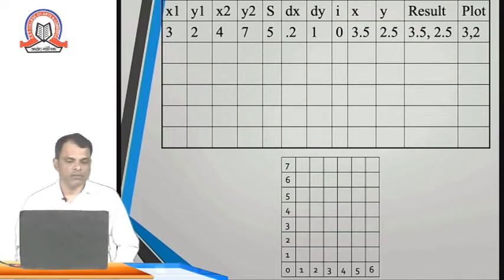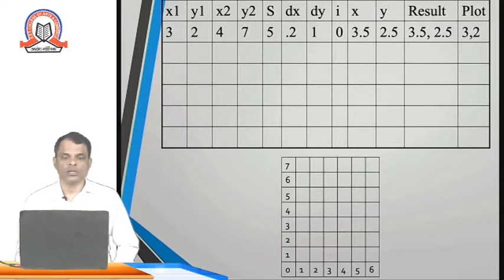So my initial values are 3 and 2. The start point is 3 and 2. I am going to add 0.2 to 3 and 1 to 2. So I get new values 3.2 and 3. Initially I approximate it and the plotting point is 3, 2.